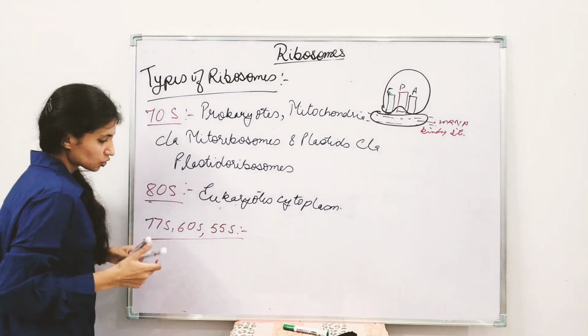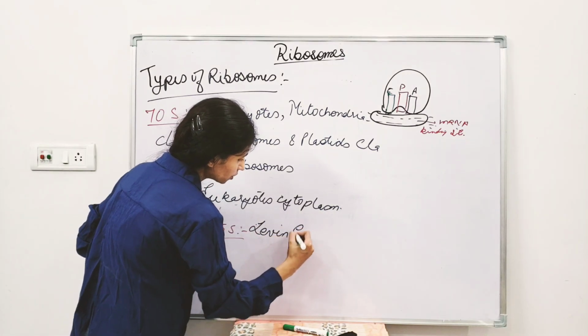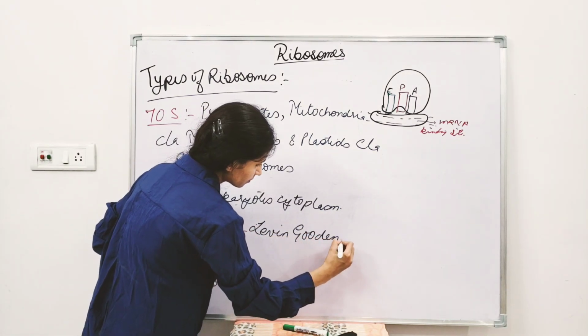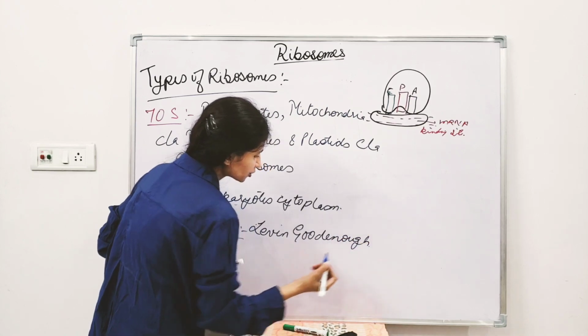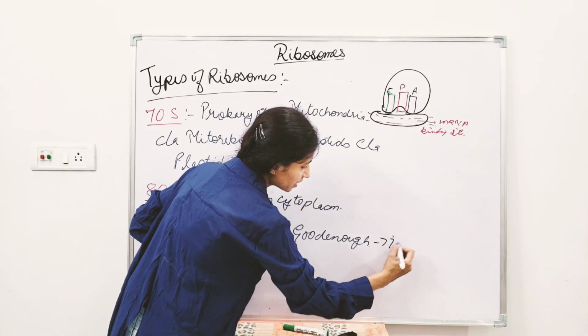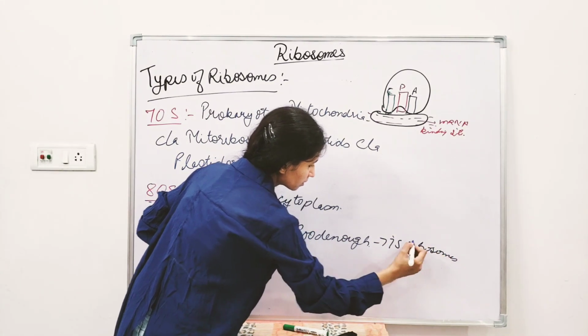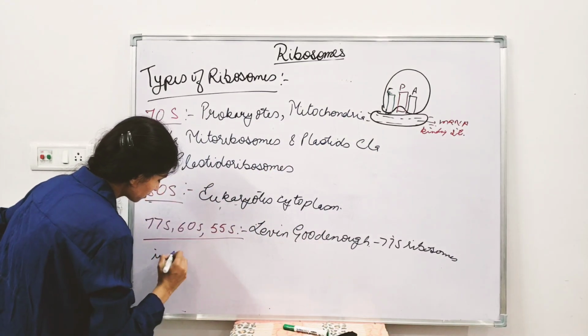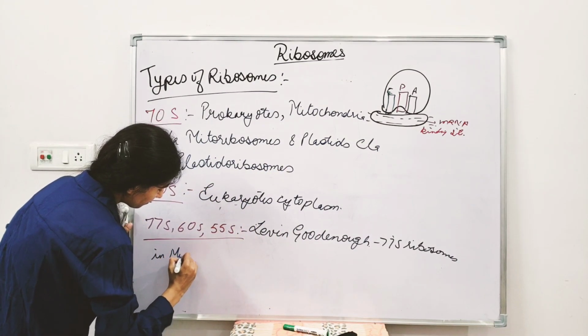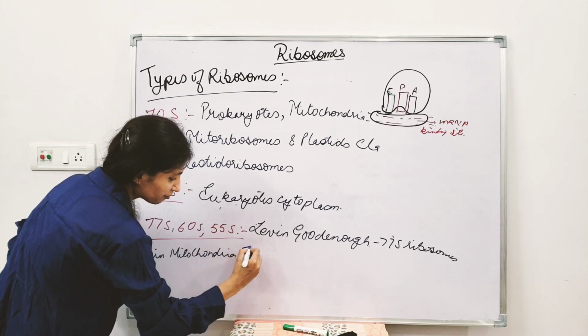There was a scientist called Levinthal Goodenough. He discovered the 77S ribosome in the mitochondria of fungi.